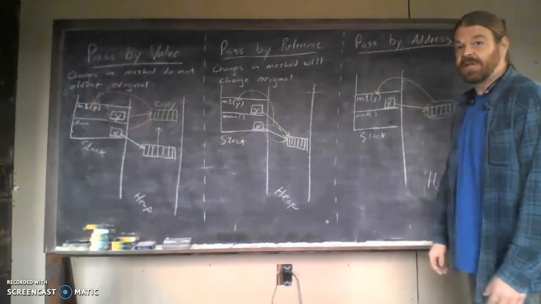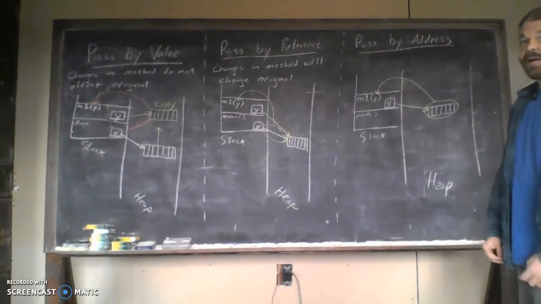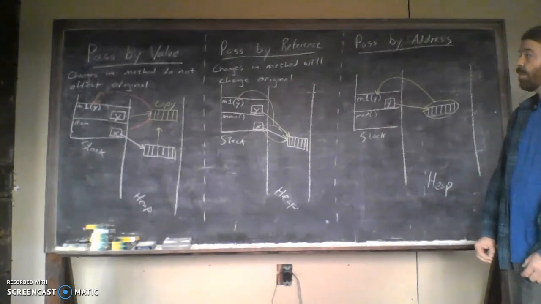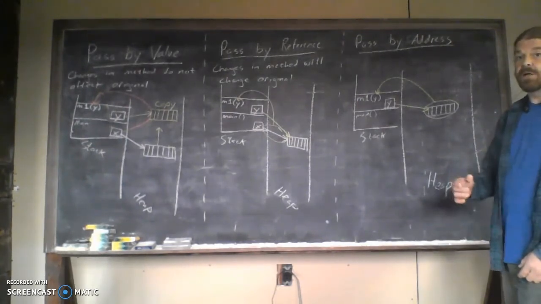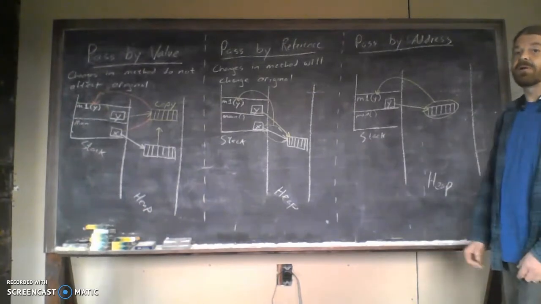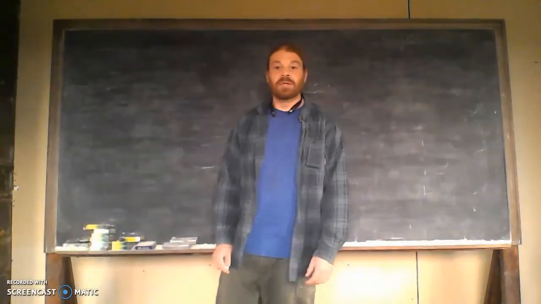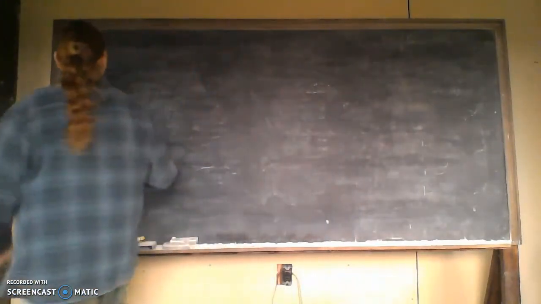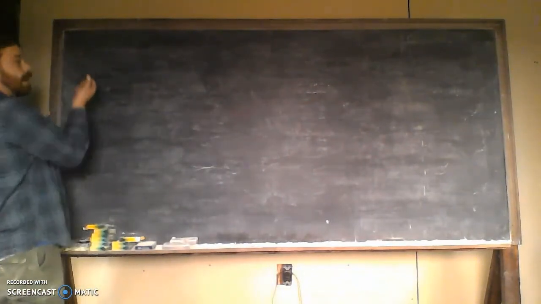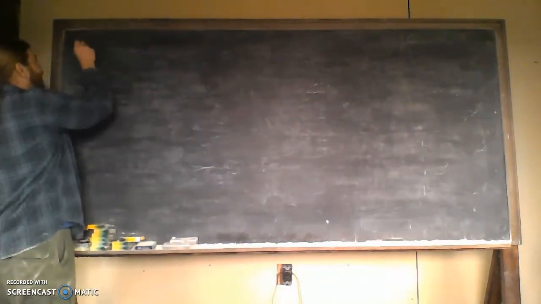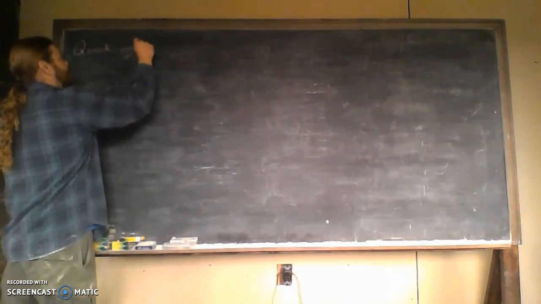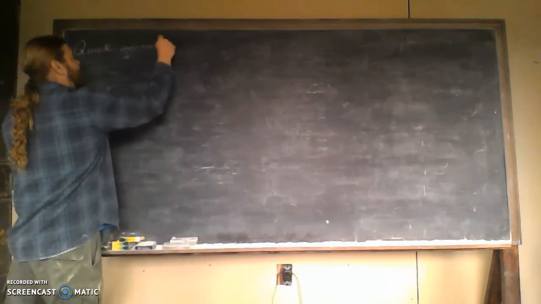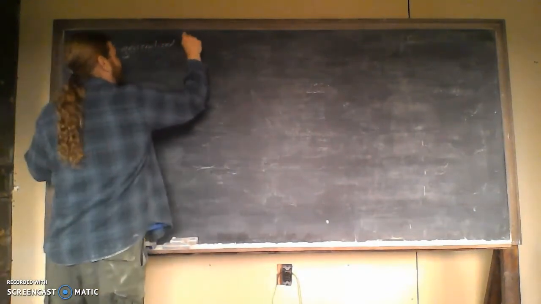So just a couple pictures there to keep in mind, help visualize how we move data from the caller to the method being called. So the quick recap on the generalizations here. Quick generalized recap.